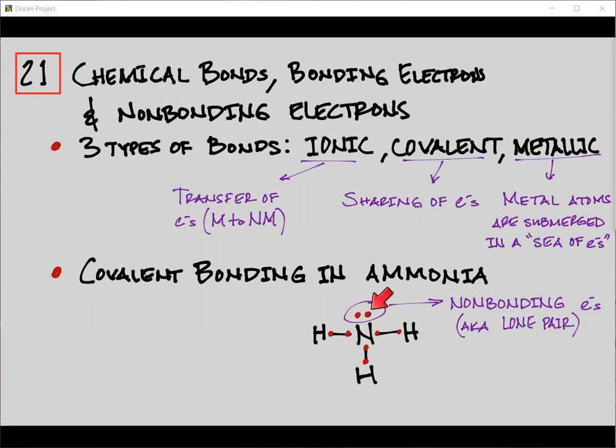This one right up top on the nitrogen atom is called a lone pair, containing two non-bonding electrons. And then the rest here are bonding electrons or bonding pairs. So this bond between nitrogen and hydrogen is a bonding pair, and same thing for the rest of the bonds.